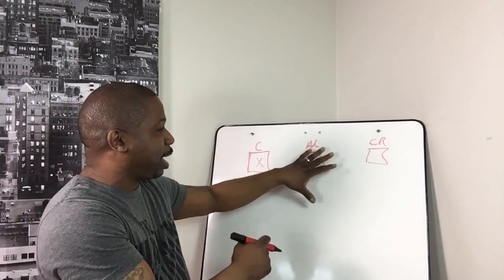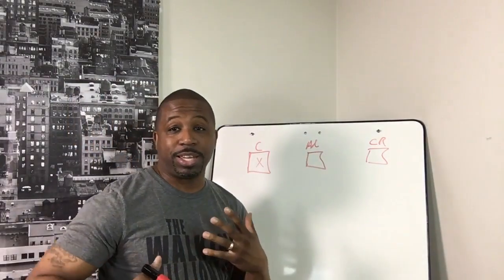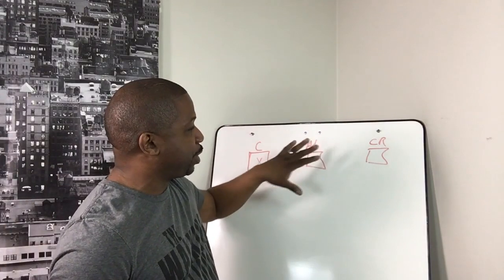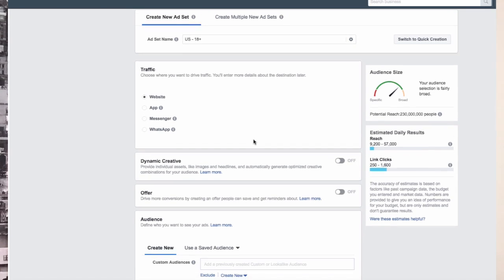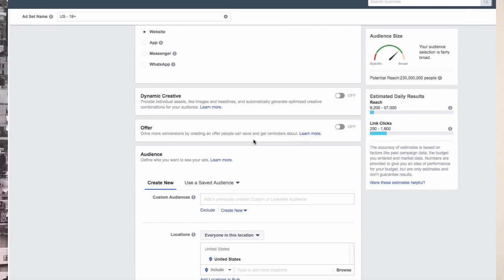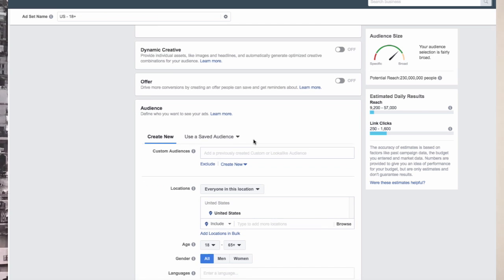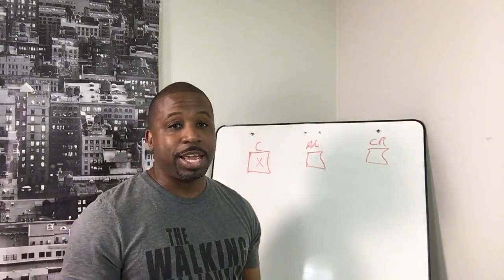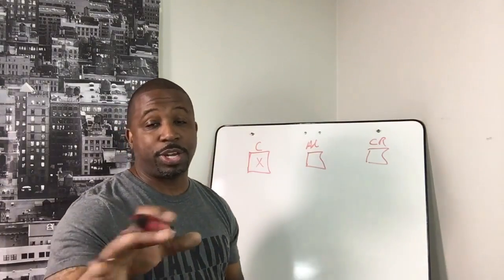Then the ad set level is where the magic happens, right? Because at this level, if you have custom audiences, you can add your custom audiences here. If you wanted to target a certain country, whether it's Canada, UK, Ukraine, United States, or if you want to get more specific, like maybe if you're a stylist, and I'm going to teach you guys this strategy as well.